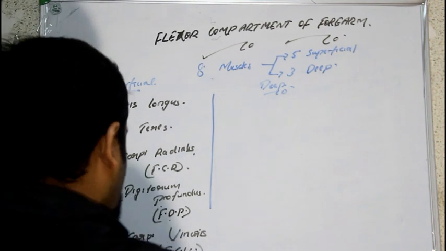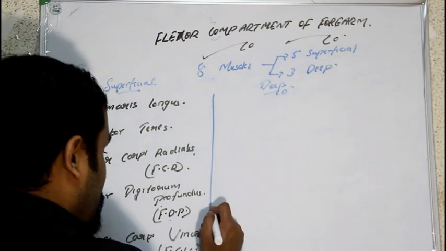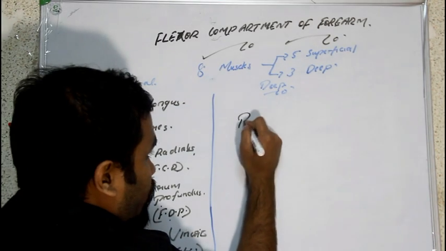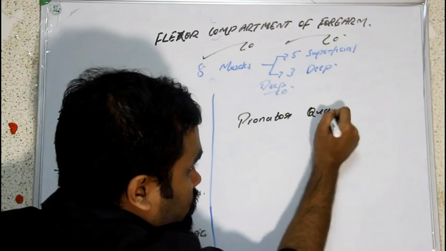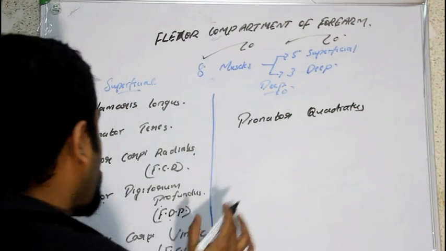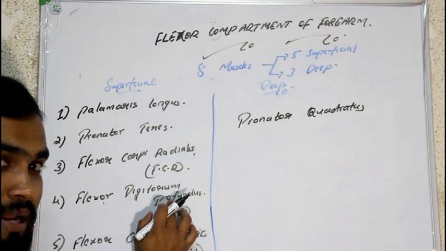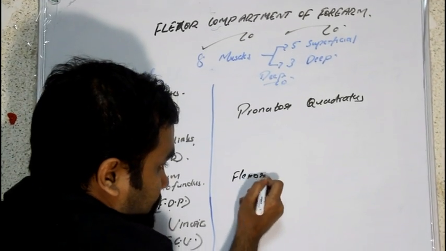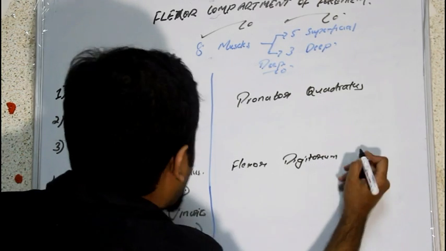Now we'll study the deep muscles. In the side of pronator teres we have pronator quadratus. Instead of flexor digitorum profundus, because that is deep, if it is superficial, it must be flexor digitorum superficialis.